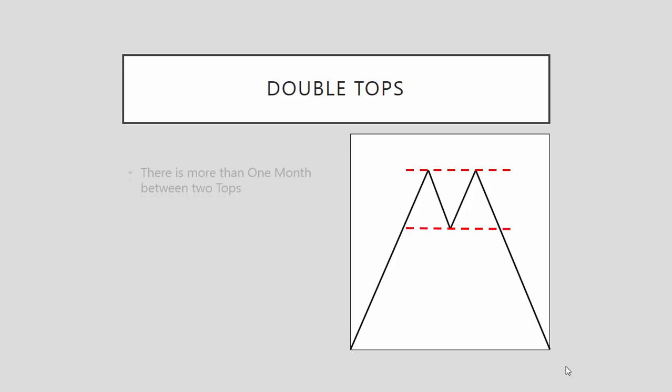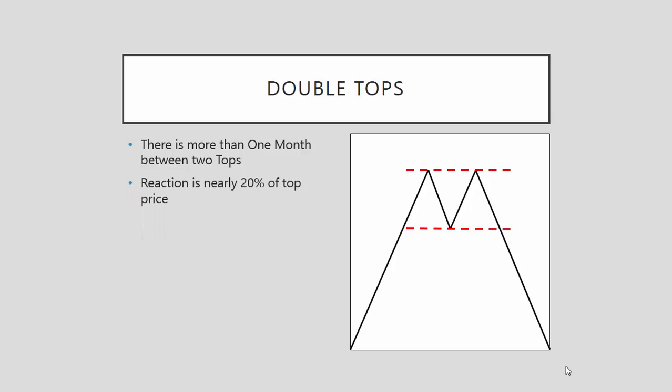If there's more than 1 month between two tops and the reaction is nearly 20% of price, we probably have a double top. These two numbers are not exact, but they can help us anyway. Double bottoms are the same, but of course in the opposite direction and shape.